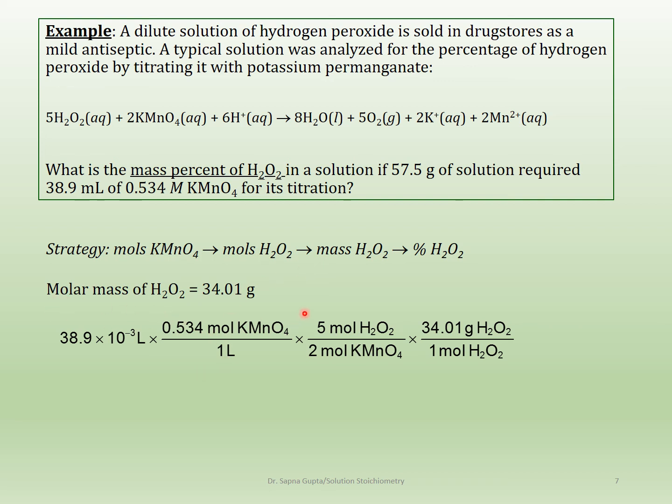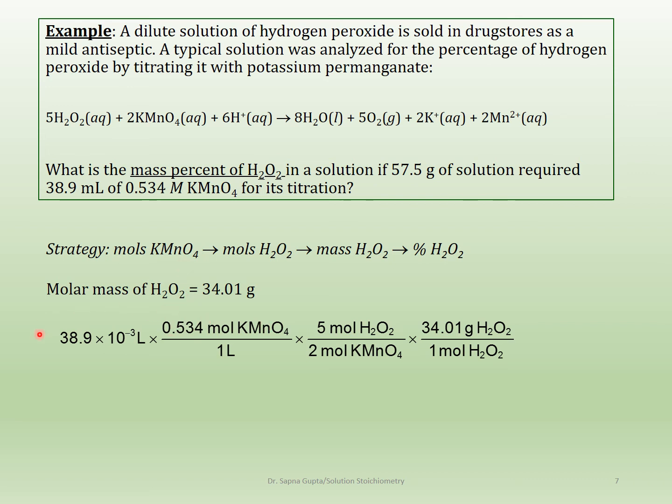So molar mass of H2O2, hydrogen peroxide, we need this. We do not need the molar mass of KMnO4 because the molarity is given to us. And if we have the molarity and the volume, we can find the moles of KMnO4 from right here. So the moles of KMnO4 are actually coming from the concentration, so we do not need the mass of potassium permanganate.